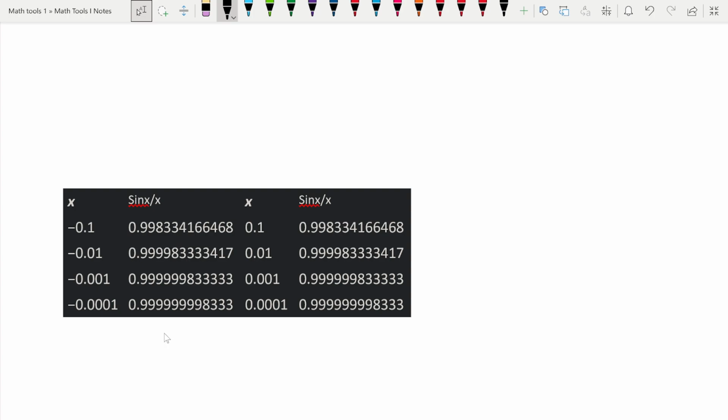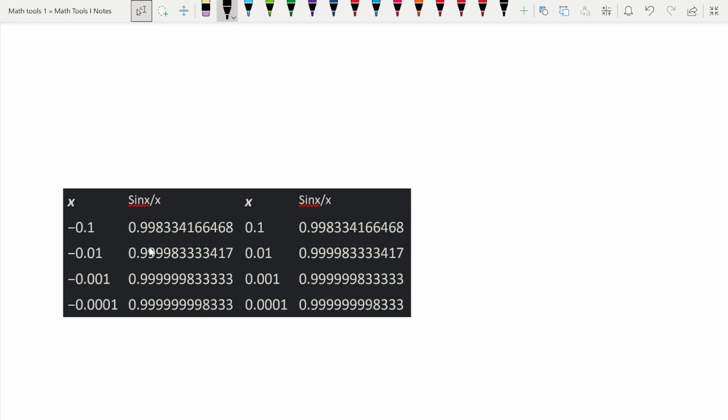We look at both sides of 0. Namely the right side, where we have 0.1, 0.01, 0.001, 0.0001, numbers getting closer and closer to 0. And then we do the same thing on the left side: negative 0.1, negative 0.01, etc. These numbers are getting closer and closer to 0 as well.